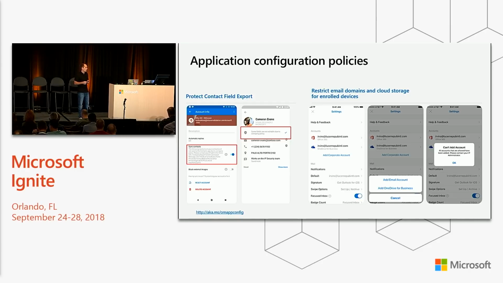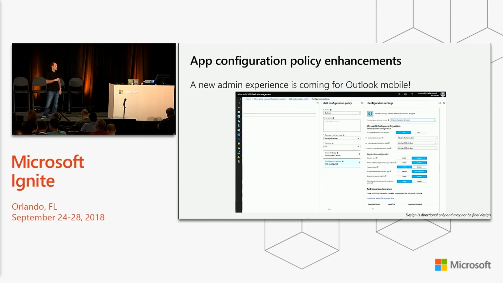Or you could allow all fields like another customer that just allowed every field but the notes field. So you have that flexibility and control there. And then the URL at the bottom is our website that indicates what all these configuration keys are that are available for deploying it. But we're not done there.